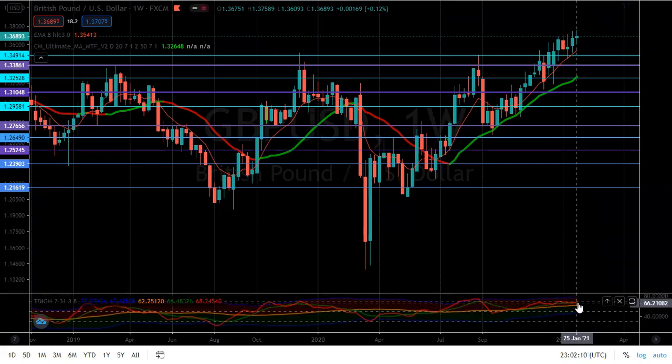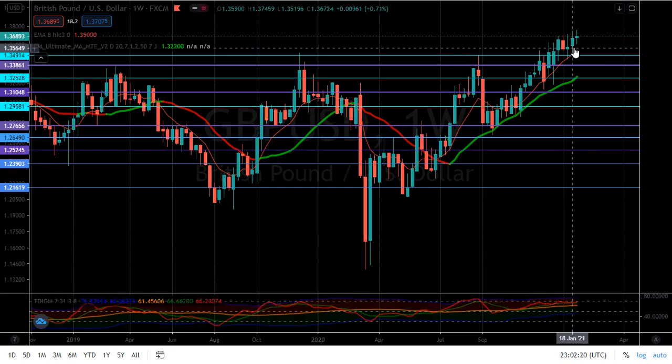I'm using a TDI, I just put that on my chart. Got some bit of divergence on the RSI in the TDI here. So I'm looking forward to seeing price go to the downside, at least as low as the 1.3490 handle.